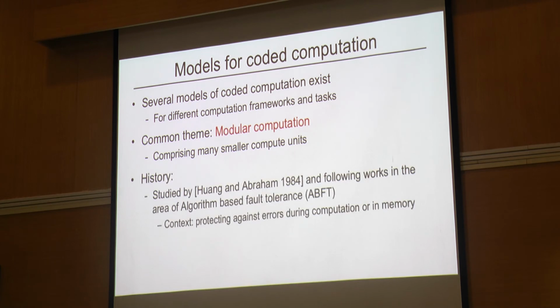So some history. In fact, using coding to provide resilience to computation was studied many decades ago by Huang and Abraham and many other works that followed their work. That domain is called algorithm-based fault tolerance, or ABFT. It was primarily studied in the scientific computing or high-performance computing community.